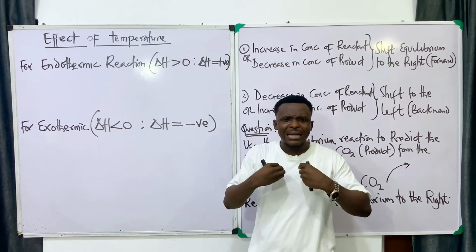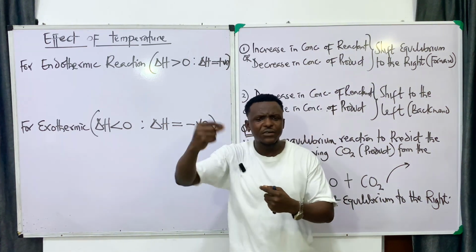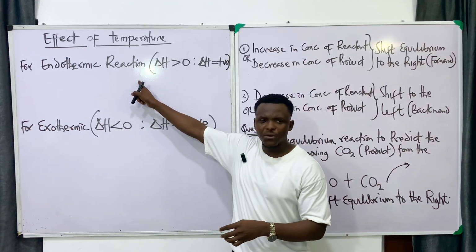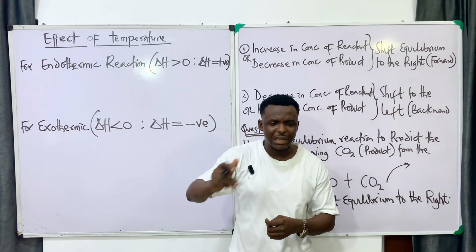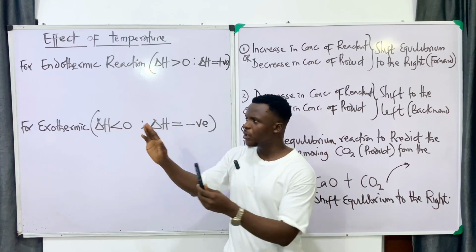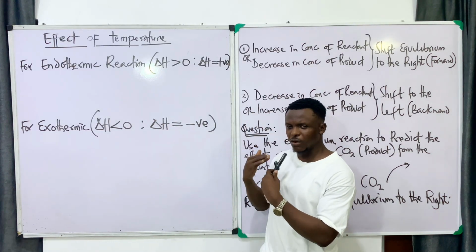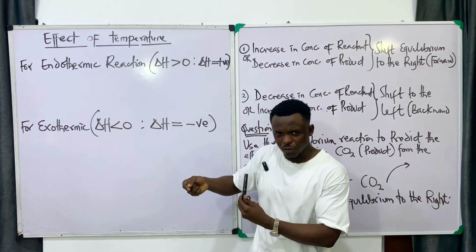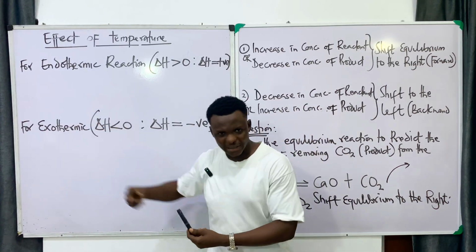Imagine something that requires heat and you now increase the temperature. Increase in temperature means you're increasing the heat. So for an endothermic reaction, increase in temperature shifts equilibrium forward because that reaction normally is moving forward. So you now increase the temperature, it will make the forward reaction faster.